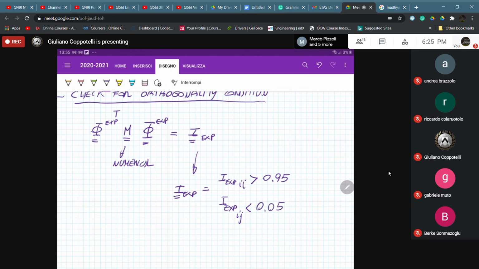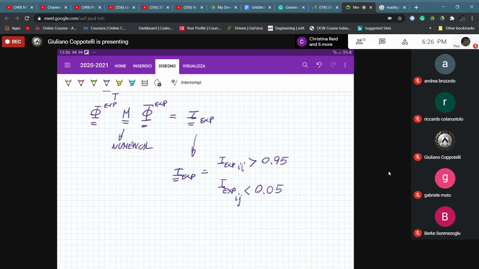If I have the right model parameters and the right mode shapes, then these mode shapes are in perfect agreement with the numerical ones. And therefore, if you consider your numerical mass matrix compared with the experimental mode shapes, what we have is just a unitary matrix. If not, we accept a good model if there is at least a 5% correlation.